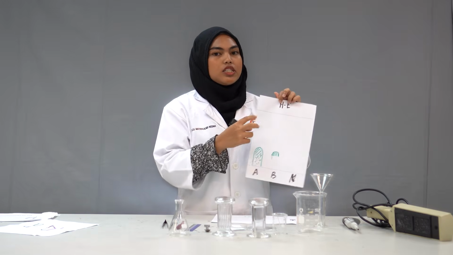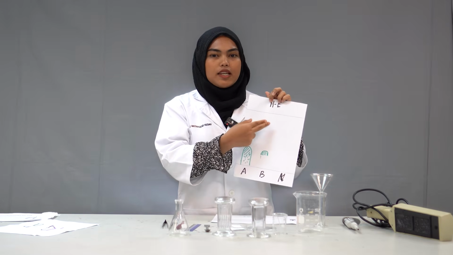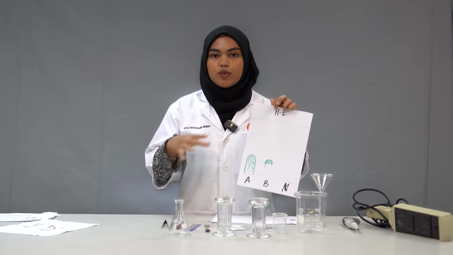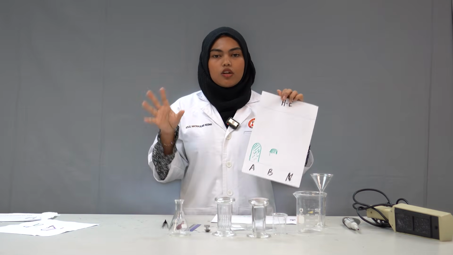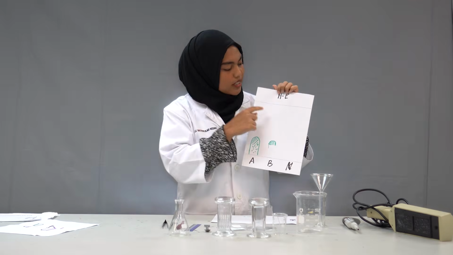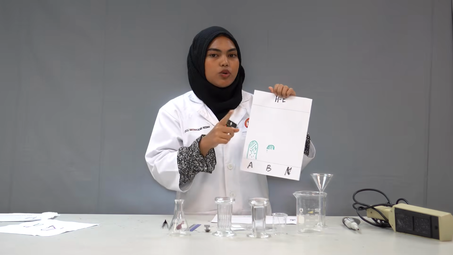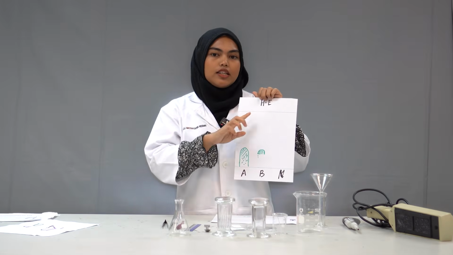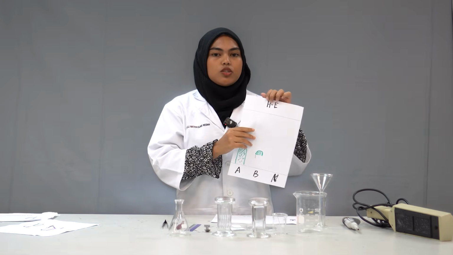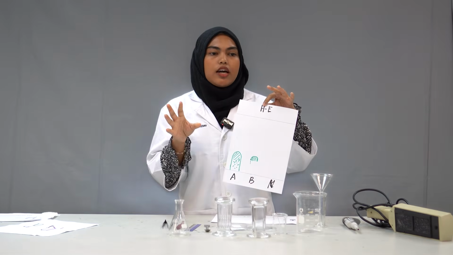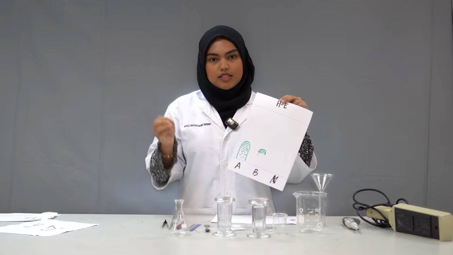If we mix them in the same ratio, it will give a polar solvent. That is why we mix with a 9:1 ratio, where hexane is 9 and ethanol is 1. So when we mix it like that, it will produce a non-polar mixture.